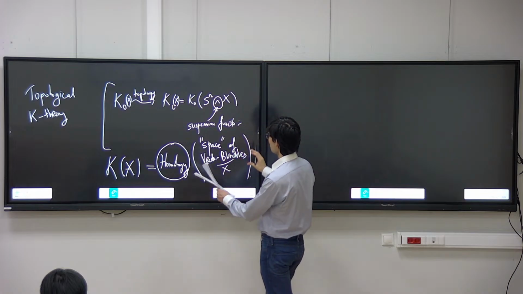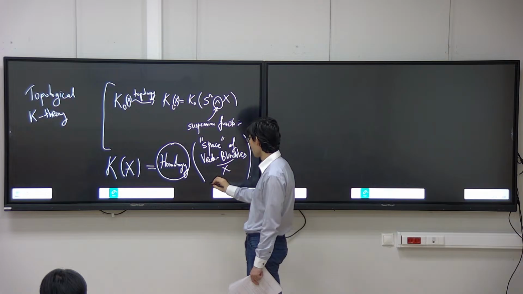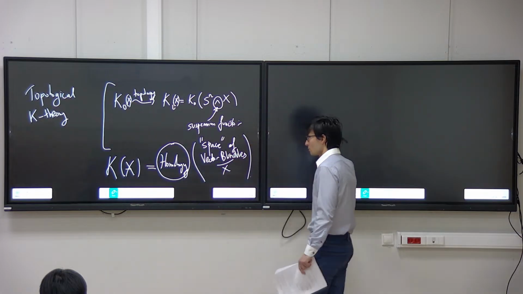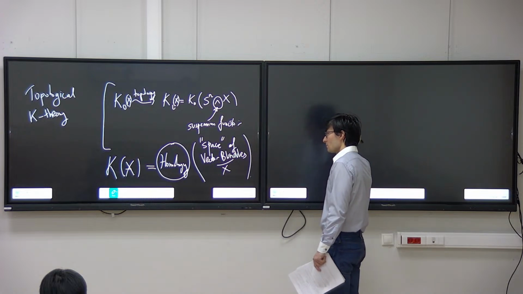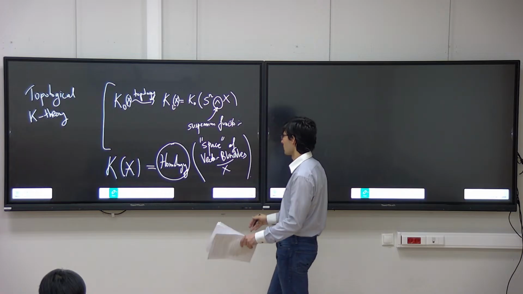to construct this space of vector bundles, maybe one version would be something like the homology of the category of vector bundles, but that's not quite right. Maybe there's not enough structure on the category.